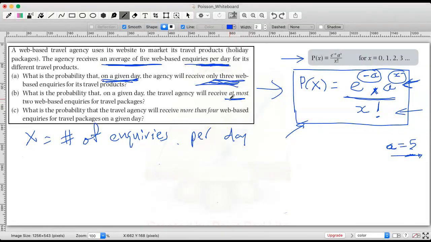So read this part here carefully, okay? What is the probability that on a given day, the travel agency will receive at most 2 web-based inquiries?